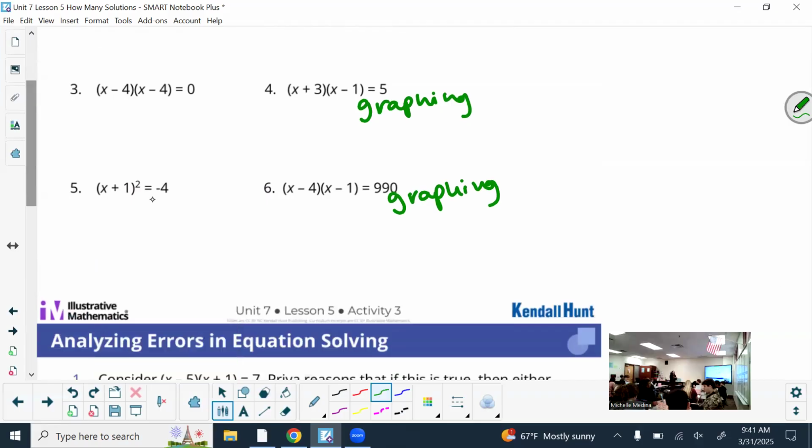Let's try isolating it. What's farther from the x, the 2 or the 1? The 2. What's opposite of squaring? Whatever you do on one side of the equal sign. And what is the square root of -4?